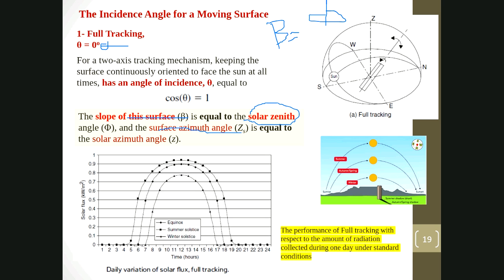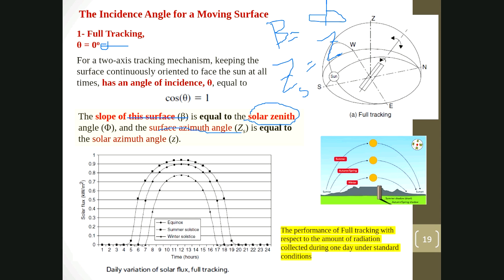The other angle is the surface azimuth angle, Zs, which I make equal to the solar azimuth angle, Z. This is full tracking. In this case, the collector will track the sun and will have maximum solar radiation.